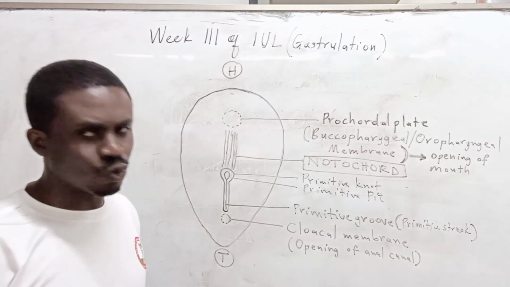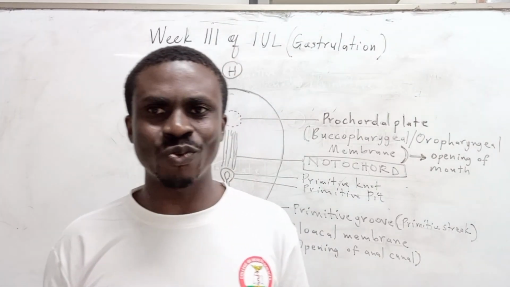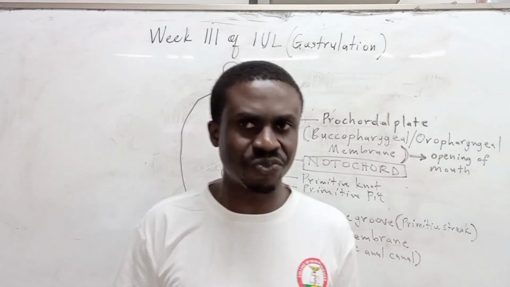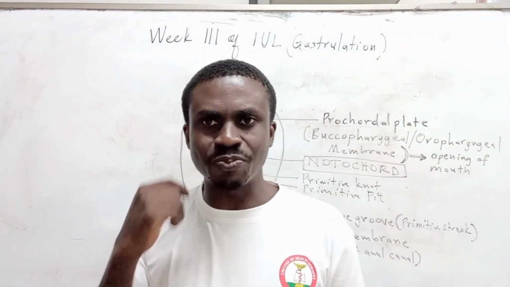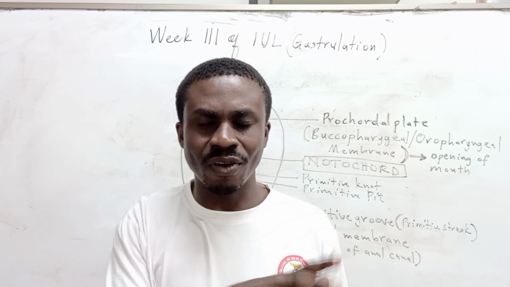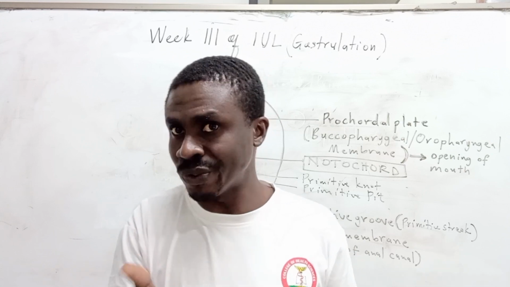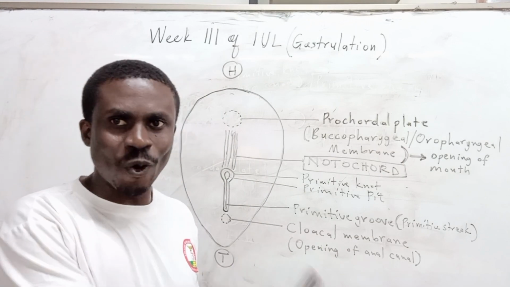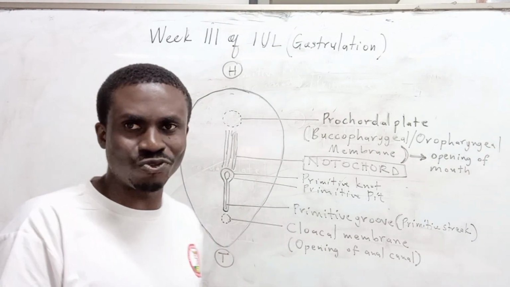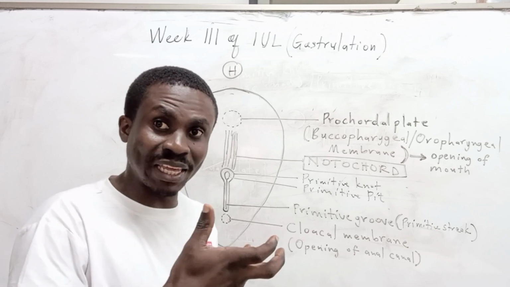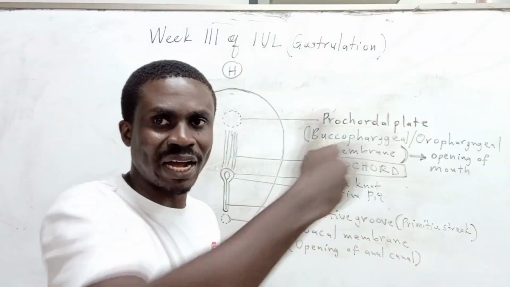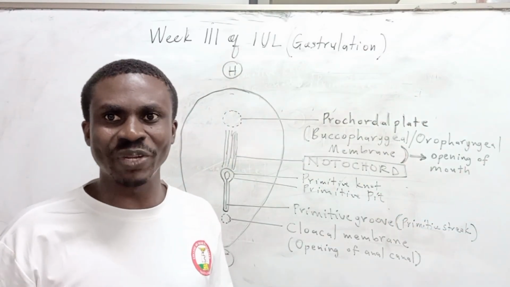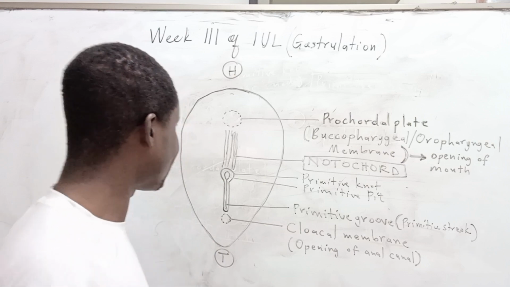So it means that if you are asked where the notochord arose from, or where it comes from, my friends, your answer is the primitive knot, or Hensen's node, or primitive node. Yes, that's your answer. In case you don't have that one there, then of course primitive streak should be your answer, because at the end of the day, the primitive knot came out of the cranial aspect of the primitive streak.